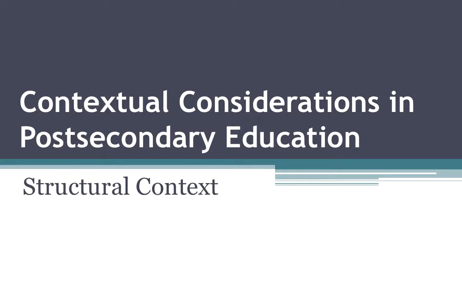And from a more practical administrative perspective, contextual dimensions, and especially structures, can be helpful for institutional benchmarking and strategic planning. That is going to be part of the focus of the activity you'll be completing for this module.